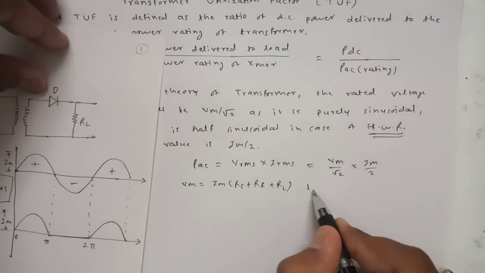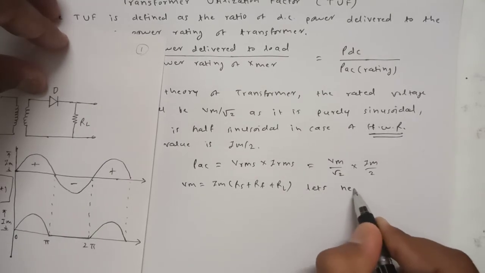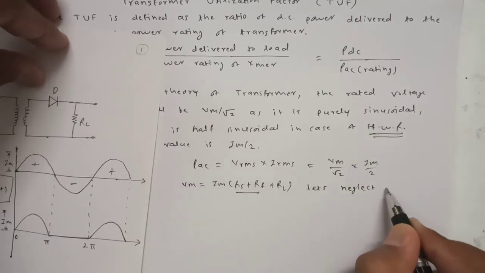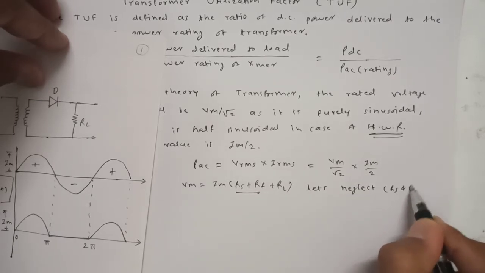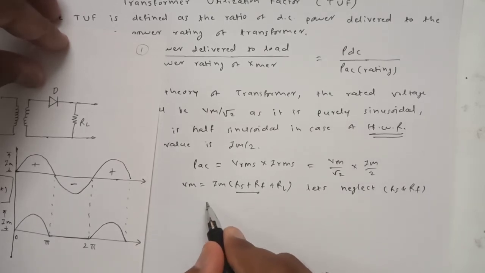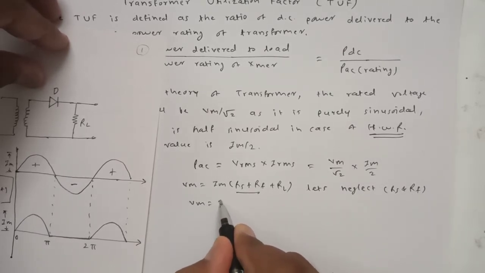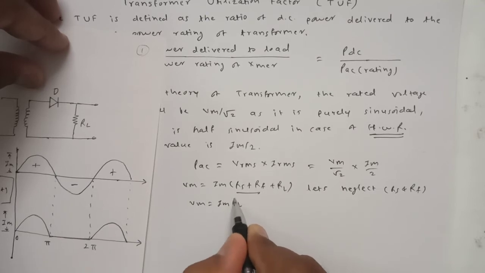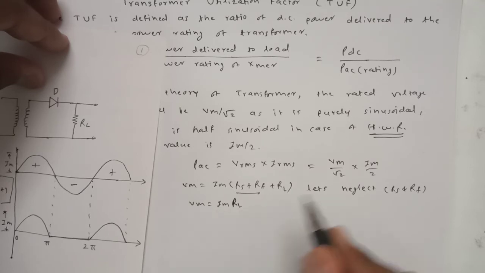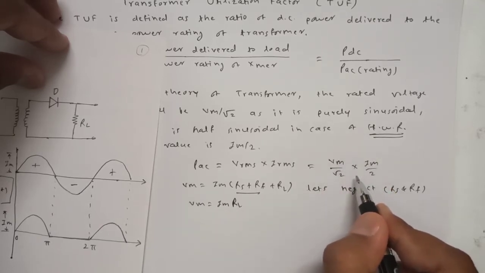But let's neglect, as we do already, Rs and Rf. So if these terms are neglected, we are remaining here with Vm is equal to Im into RL, right? Now I will put this value of Vm here. Okay, now I think it is clear.